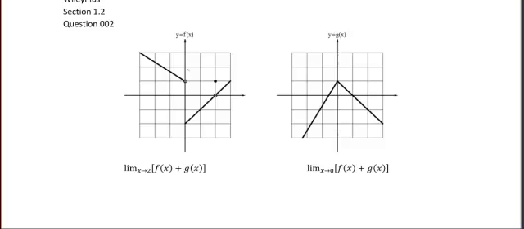And we're asked, first of all, to take the limit as x approaches 2 of f of x plus g of x. Well, using the properties of linearity, that would be the limit as x approaches 2 of f of x plus the limit as x approaches 2 of g of x.